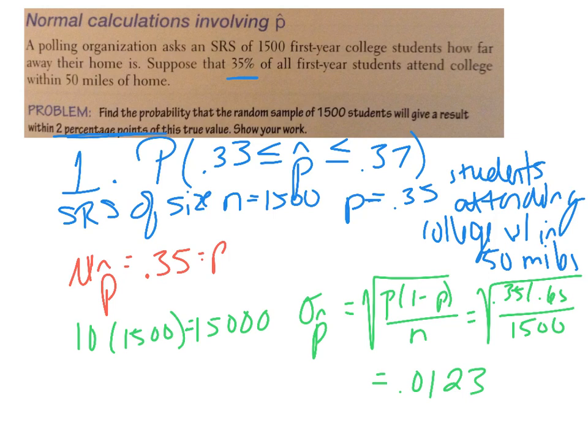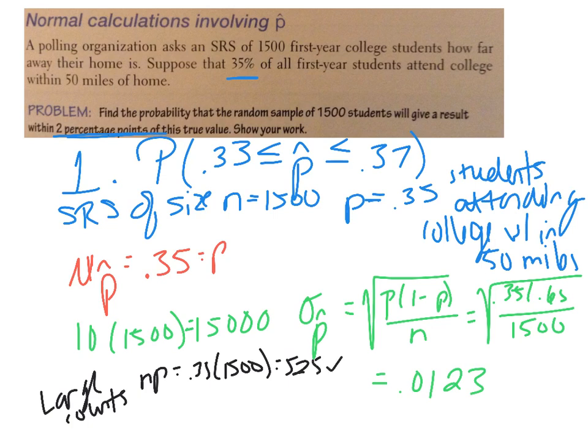So can I use normal distributions to approximate this? Well, remember, I need to use my large counts condition to determine that. So n times p is 0.35 times 1,500. Is that greater than 10? Yes, it is, 525.